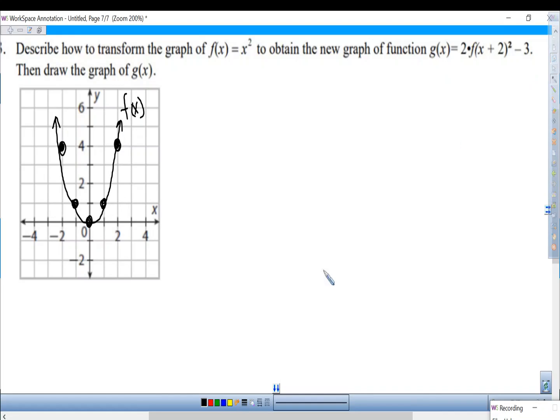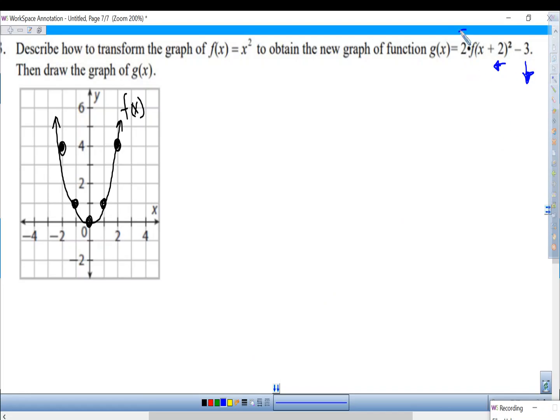So let's see. We have g of x equals 2 times f of x plus 2 squared minus 3. Where's the minus 3 going to take the whole function? Down, very good. How about the plus 2 inside of the parentheses? It's going which way? To the left, very good, William. So we got 2 to the left, 3 down. We know we can do that at the end.